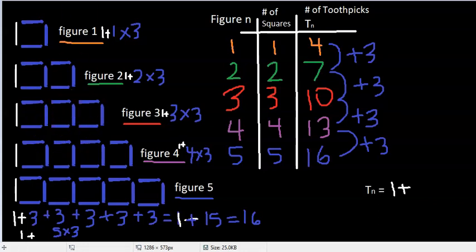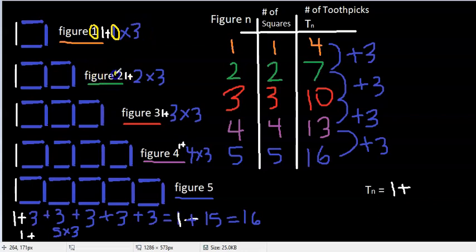And then for adding our groups of 3 toothpicks, we start to see a little pattern. So if my figure has one square, so if it's figure 1, I have one group of 3 toothpicks.